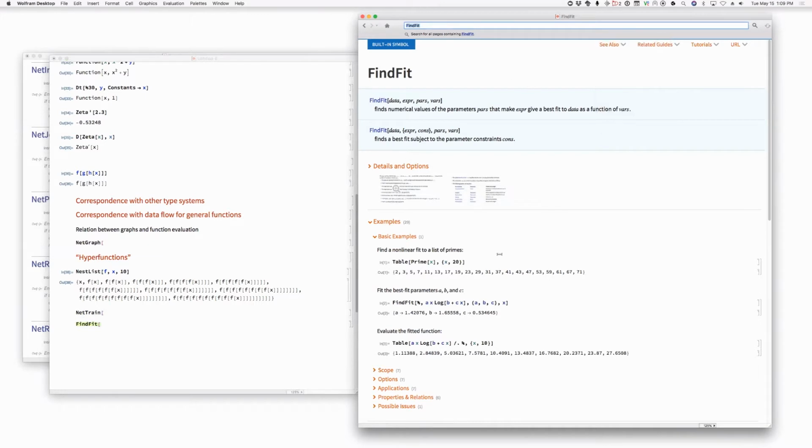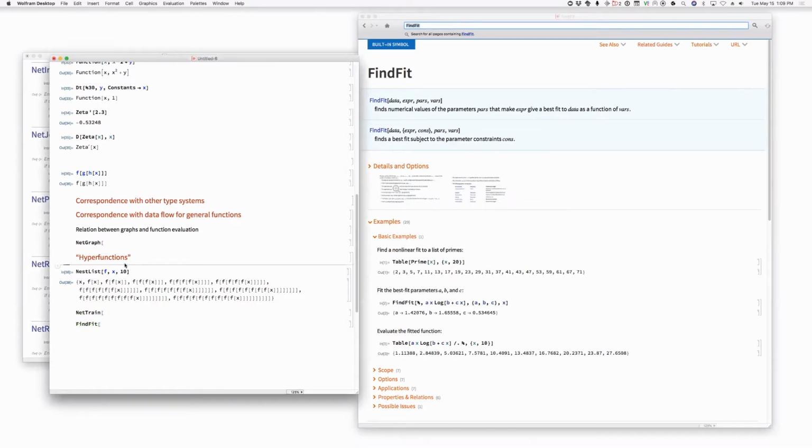So let's look at what it would take to have FindFit be represented differently. What would the net train analog of FindFit be? Do you understand what I'm saying?